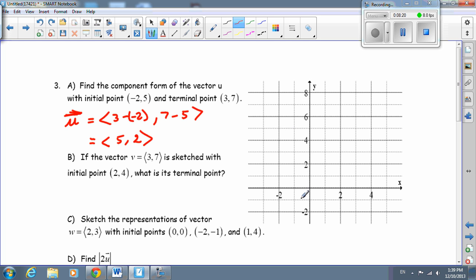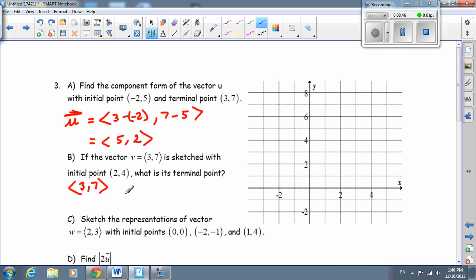That means I start at 5 units on the right and 2 up. If the vector V is now 3, 7, is sketched with the initial point 2, 4, what is the terminal point? Now, at this time, I start with 3, 7.